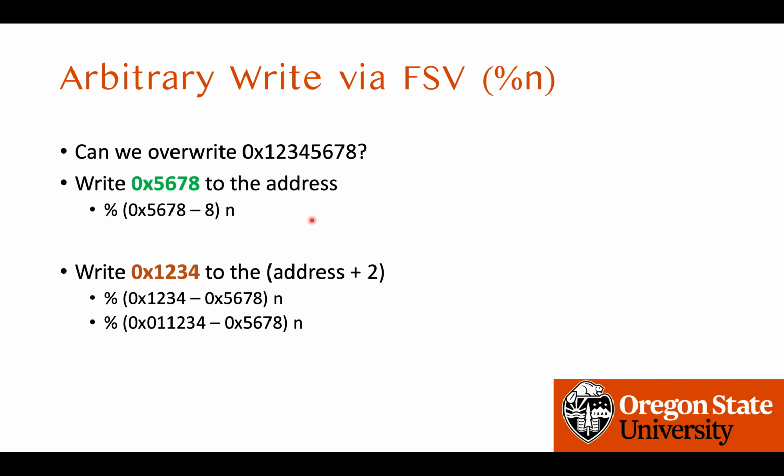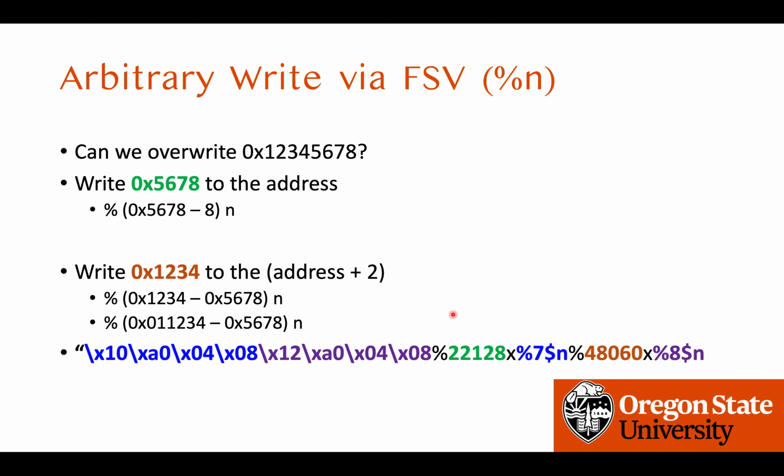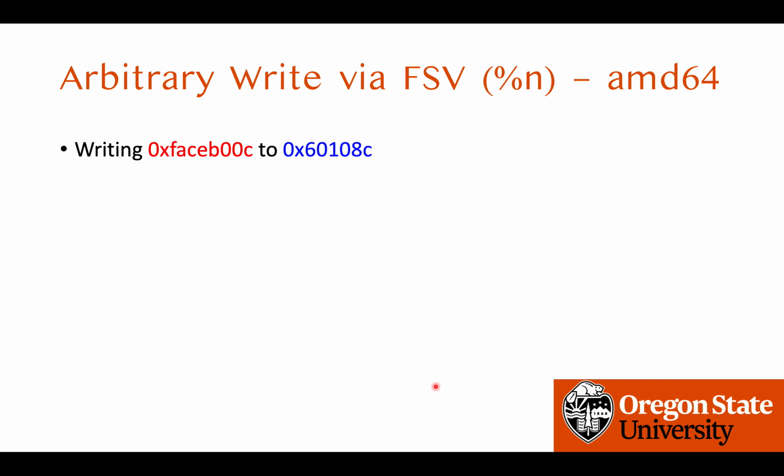We will focus on only the 4 bytes, and we will not care about the additional bytes that we overwrite. So we can change the number like this. Then this calculation is actually 0x11234 minus 5678, so this is that number. Then that will exactly put B00C, FACE, and maybe 0001 for the next address, but we will ignore that.